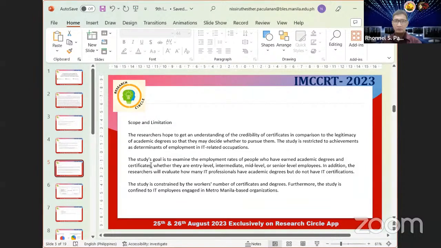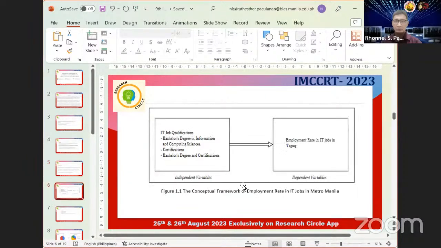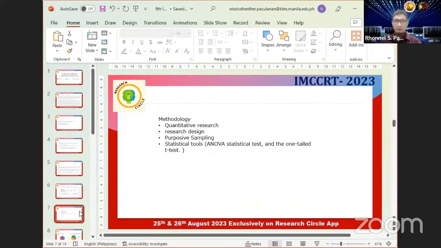Furthermore, the study is confined to IT employees engaged in Metro Manila-based organizations. This is the conceptual framework of this research. There is an IT job qualification wherein it is illustrated that we have the degree, the certification, and both of these, and the employed rate in IT jobs in Metro Manila or in Taguig.